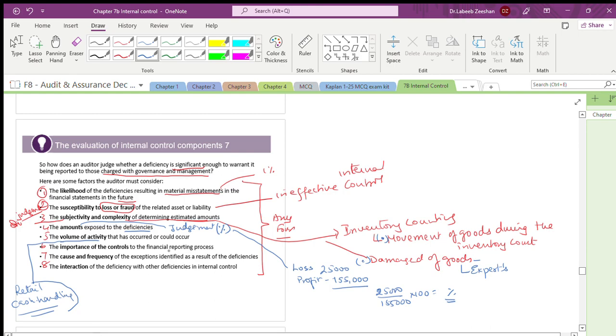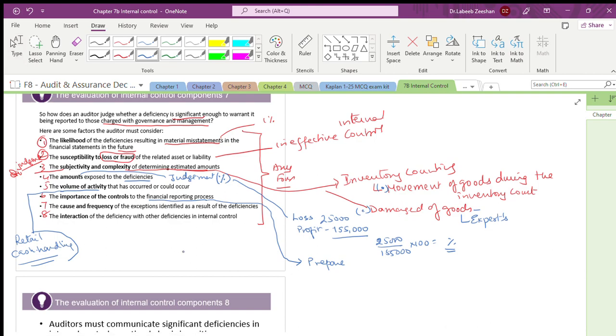The importance of the internal controls in terms of the reporting process. Now I will put it separately. See what will happen: the lower level staff will prepare, another person will verify, and the top level, the senior manager, will approve.